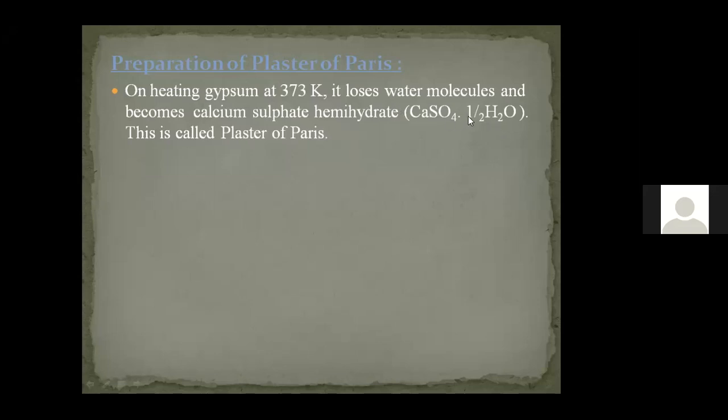This calcium sulfate hemihydrate is called plaster of Paris. From gypsum, we are preparing the plaster of Paris by the heating process. Okay, so we'll see the reaction.